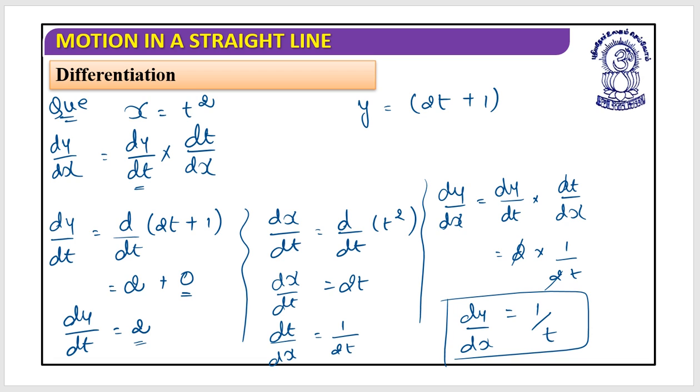Now again, let's revise how we began. In the first part of differentiation, we started with the very basic functions and practiced those functions. Let's say trigonometric functions, power functions, addition, subtraction, division, multiplication functions, and so on.